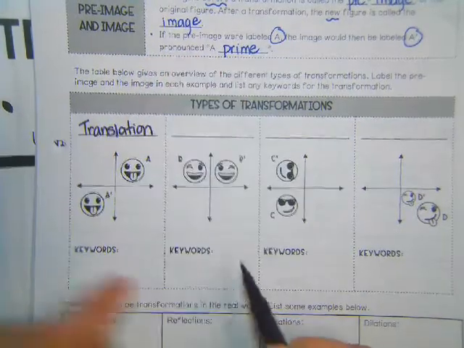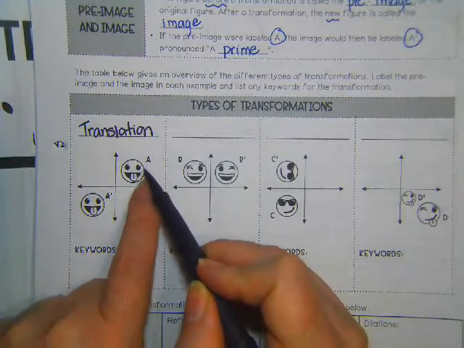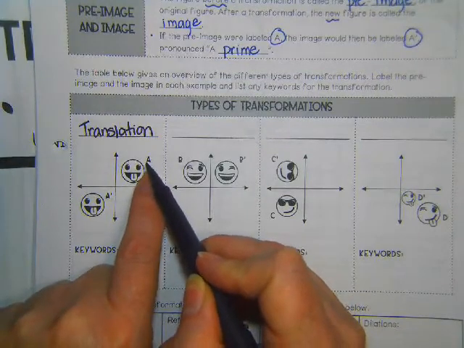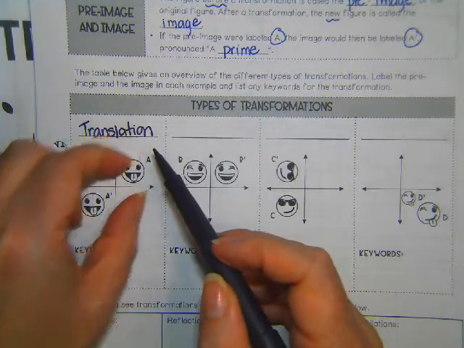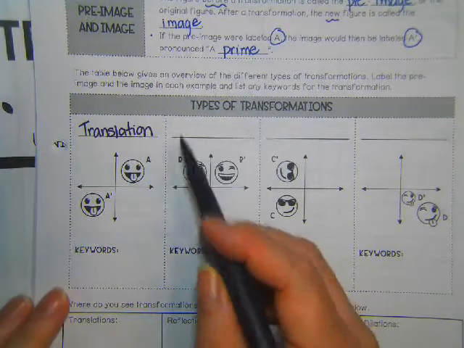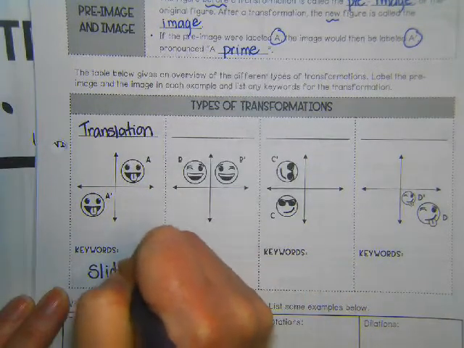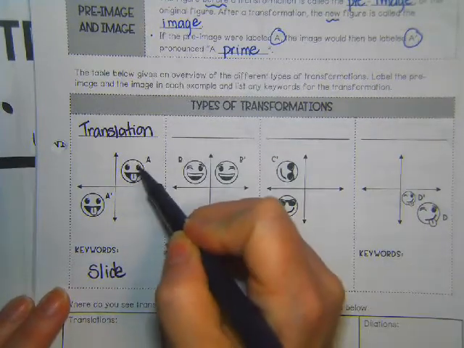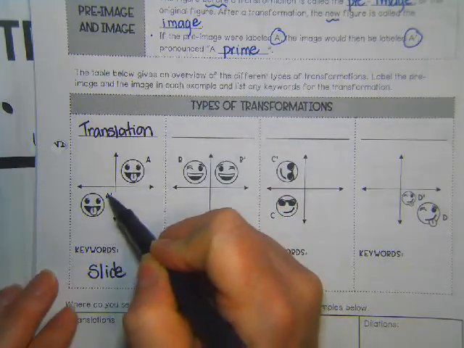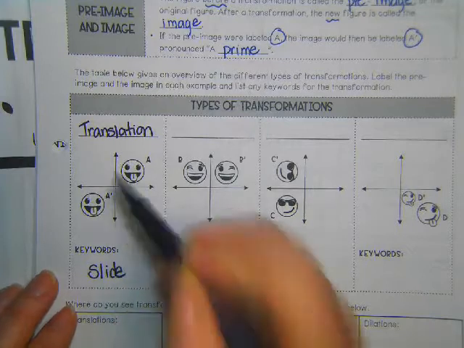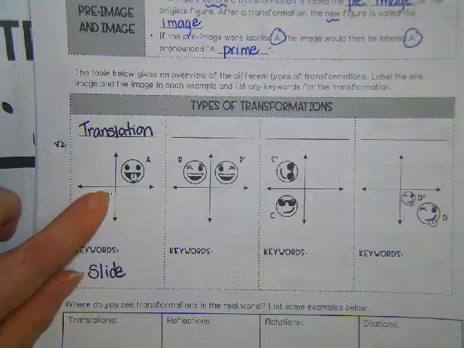Okay, if you notice, this is our pre-image, so this is the original. And all we did is we slid this down. So the key word is to slide. So we took our pre-image and we slid it, and now we have our image down here. And you notice that it's denoted with a little prime.